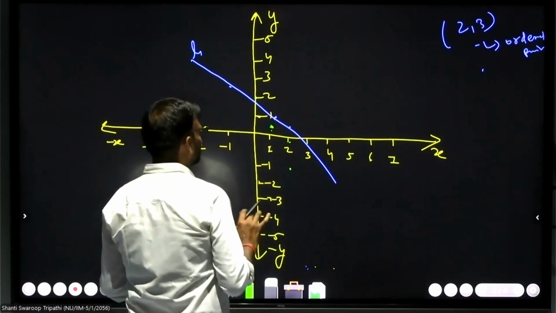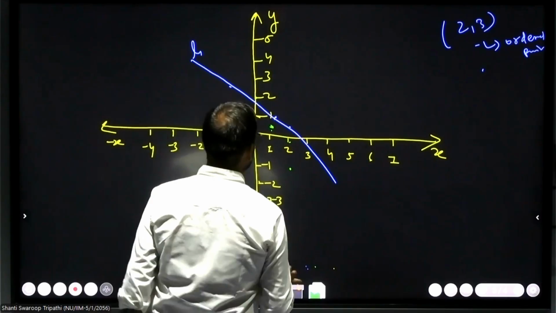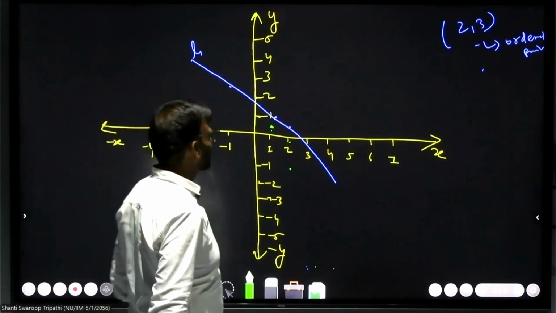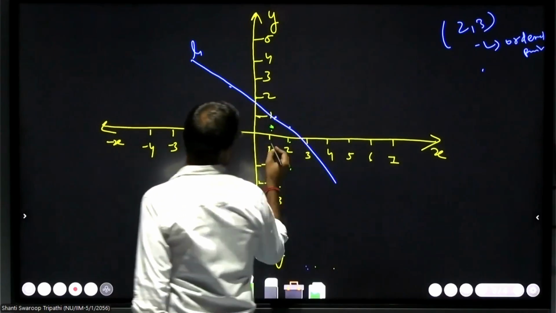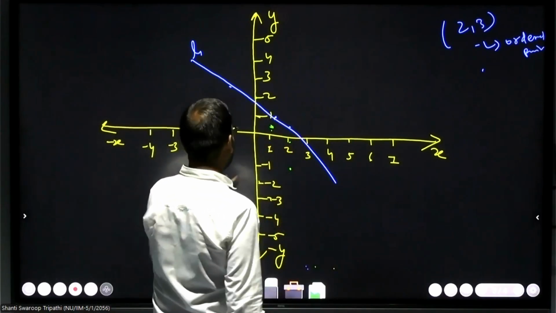By the way, there may have been some mistake in calculation, but this is the way of plotting the graph. The plotting is also not correct, that's why these points are not getting aligned.